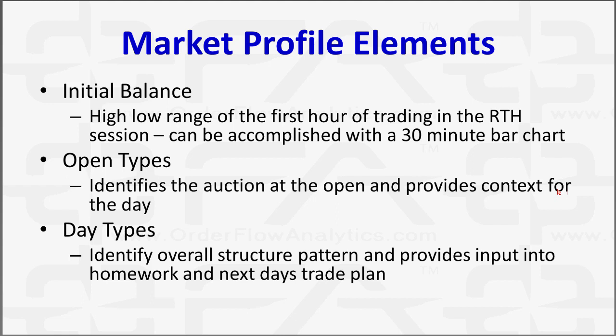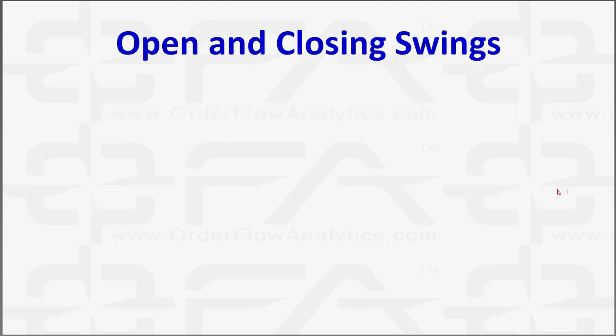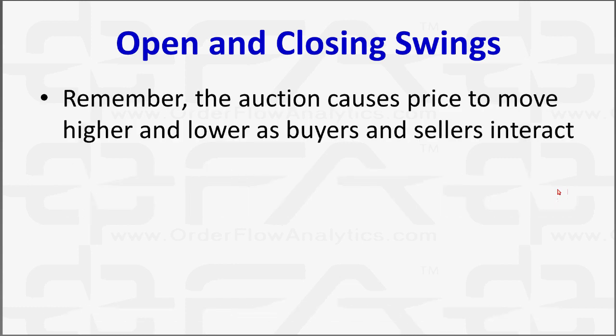These are the elements that we will be taking forward to understand in our trading, because they either identify an area, like the initial balance, or they help to provide context in market structure. The next one is opening and closing swings. Remember, the auction causes price to move higher and lower as buyers and sellers interact.